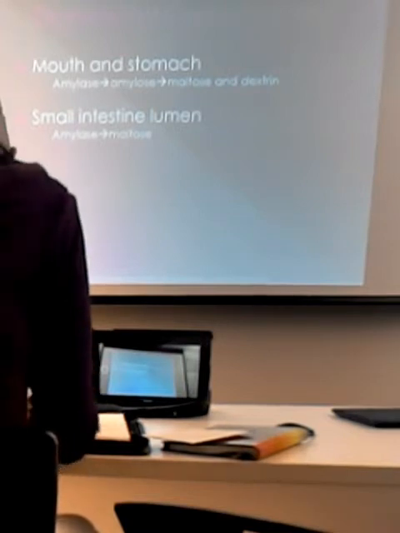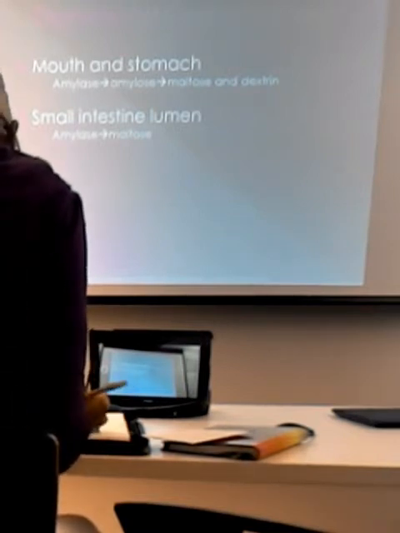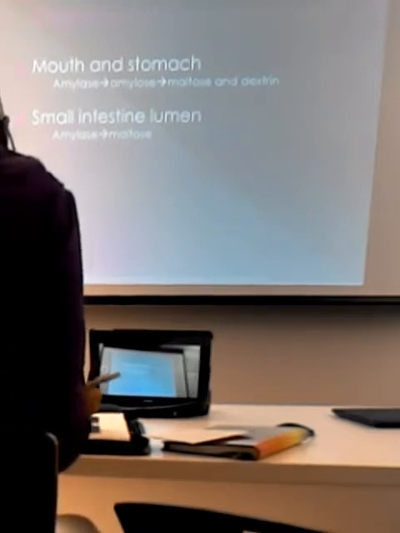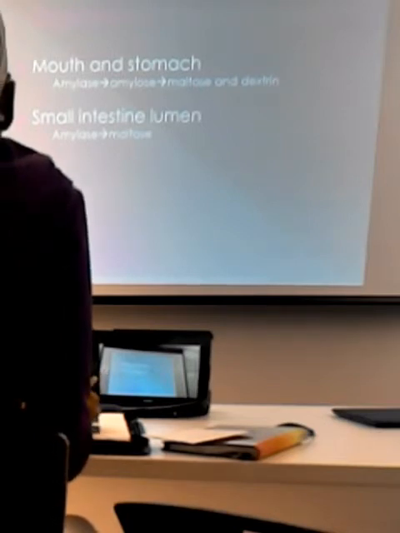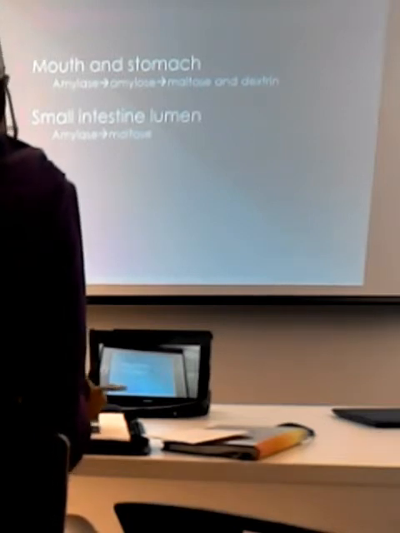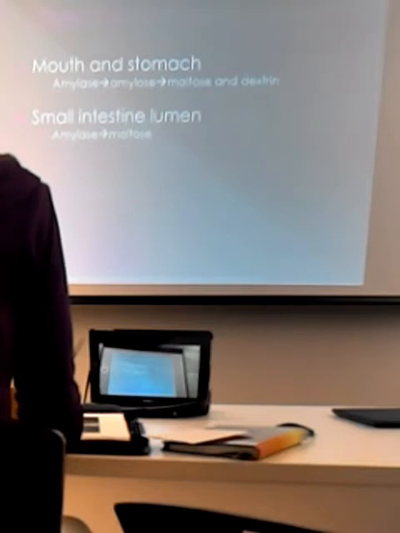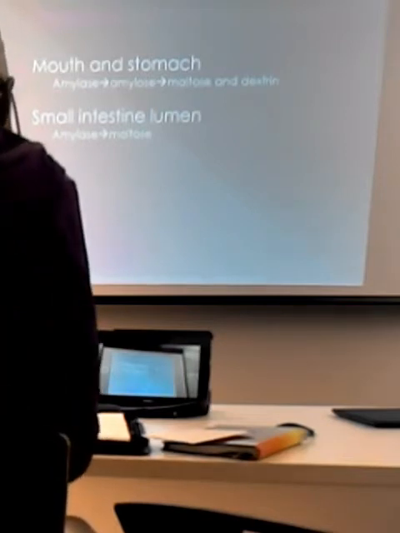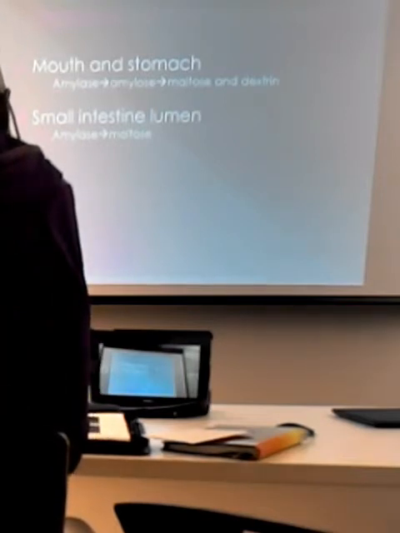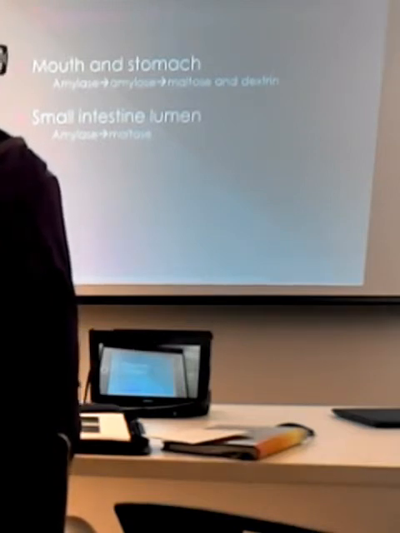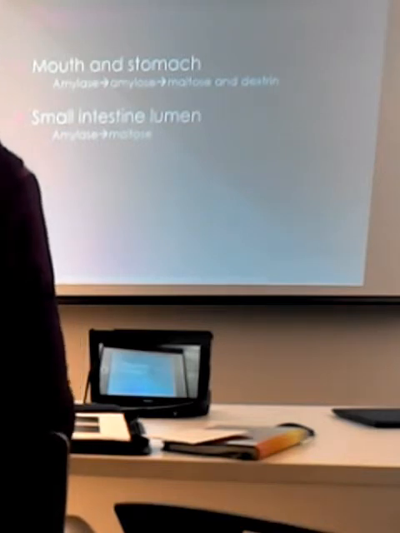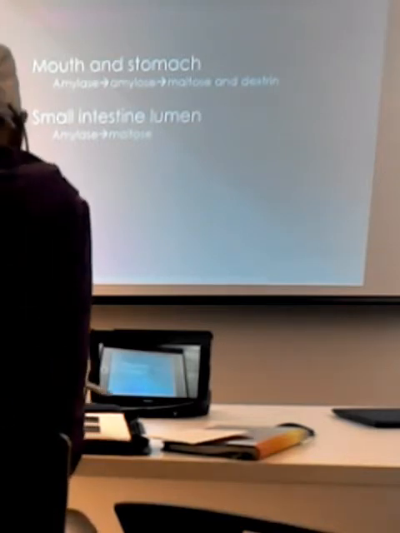I want you to know there's 3 tiers of enzymes, right? We get progressively smaller, and the enzymes that actually create the individual units, the dimers that we can absorb in the small intestine, those are in the brush border in the microvilli. I want you to know that, okay? The hormones that I just talked about, I want you to know.